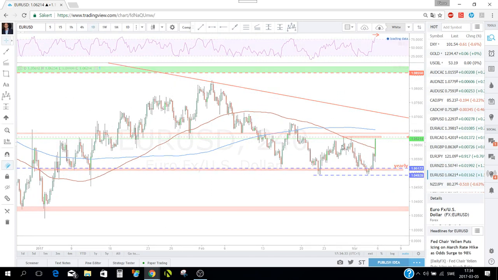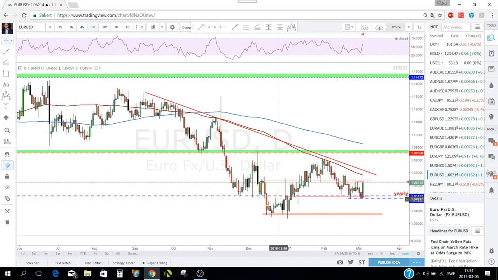If we go back to the daily, you see this was our last low, and now we maybe got a higher low. So this is the first structure we should be looking at. Second thing to look at is how price will react at this trend line, and of course if we reach this top back up here again, then that will be another opportunity to the downside.